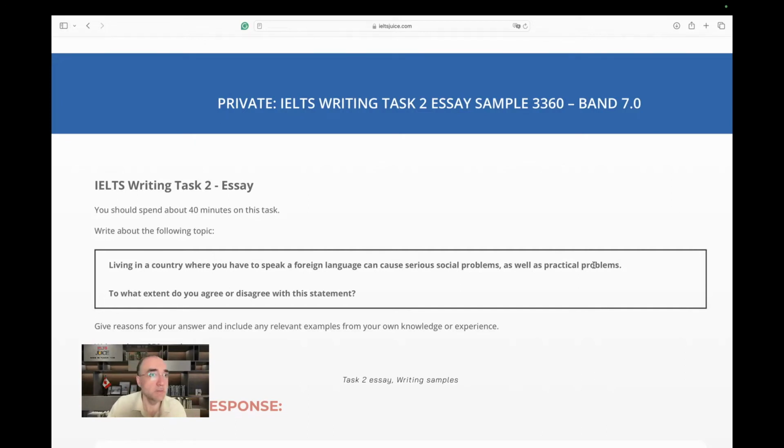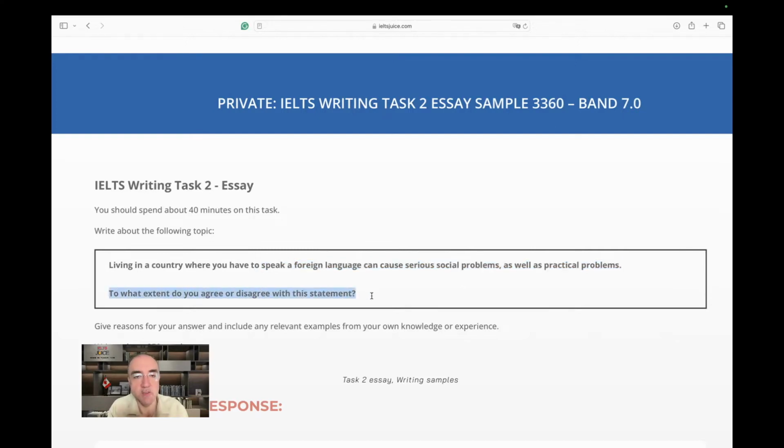Or maybe you have an accident, you need to file a police report, and the police report is all in another language, in that nation's language, and you read and you basically don't understand a thing, and you don't know what to do. That can also be a practical issue. Anyway, I just wanted to say that the topic has some hidden elements for the smart candidates to pick and take advantage of.